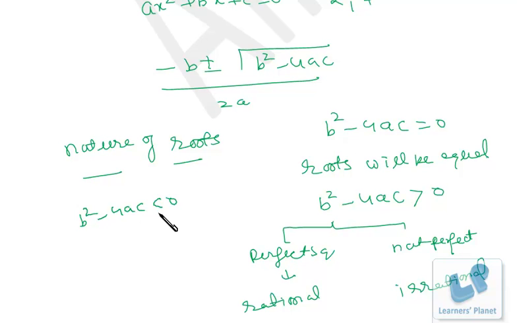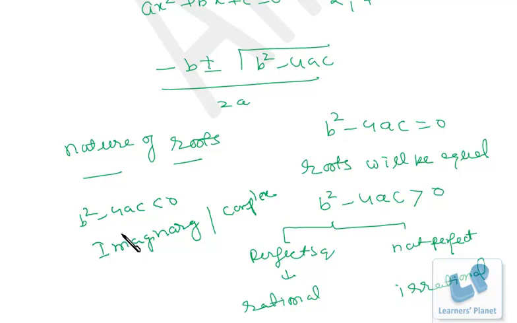Less than 0 means b square minus 4ac will be negative. If the term under the square root is negative, we call it a complex number or imaginary number. That means it's not real, it is imaginary. So if b square minus 4ac is less than 0, the roots will be imaginary or we can say complex.